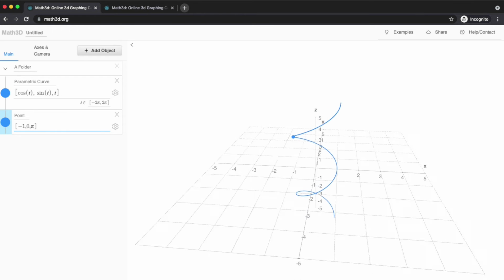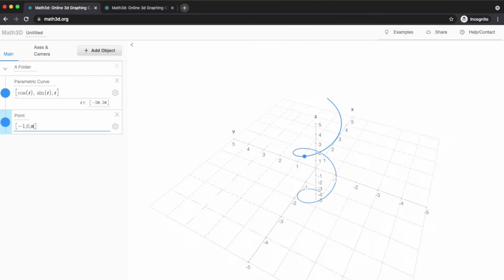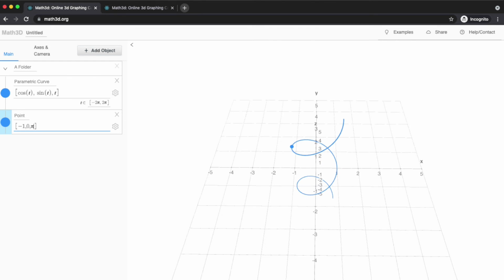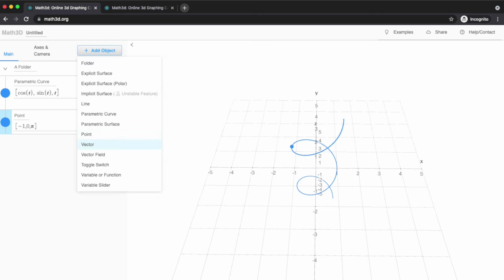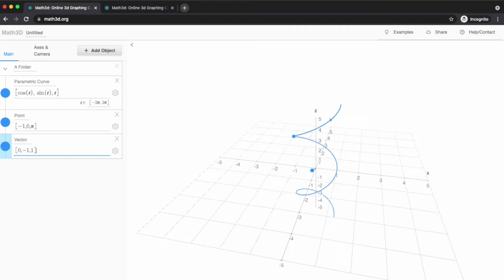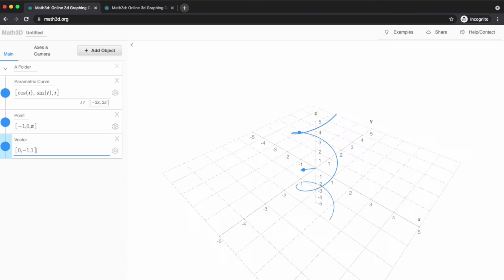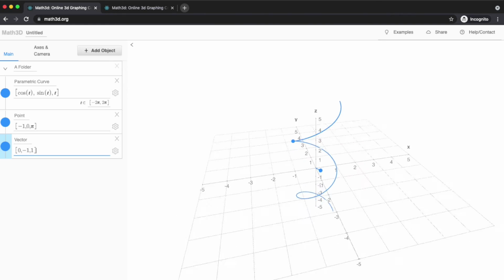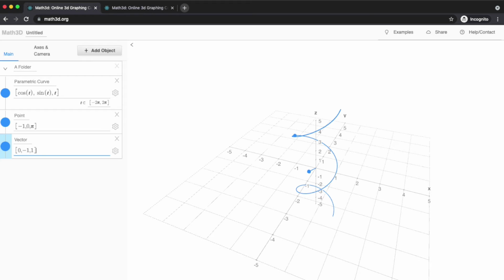I'd like to construct the tangent vector to that point on the helix. I have constructed the components of the vector already. The vector is going to be (0, -1, 1). And you'll notice that it's plotted starting from the origin. I'd really like that vector to be attached to the point.